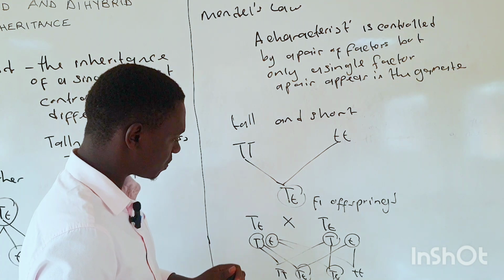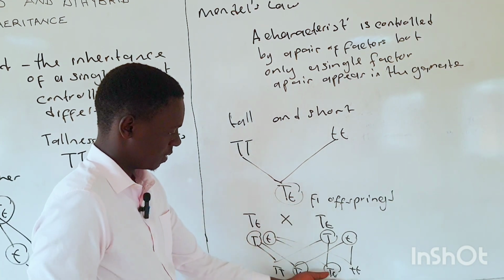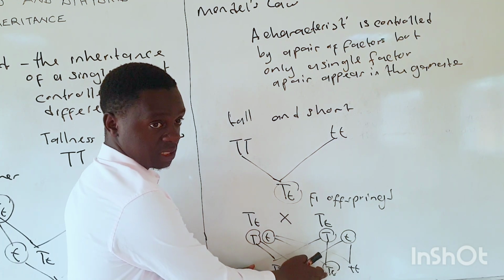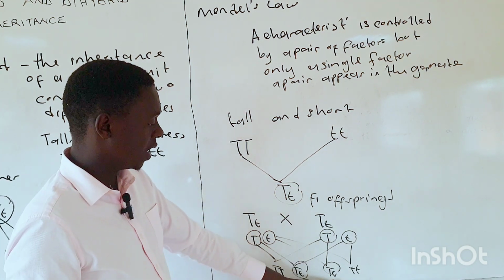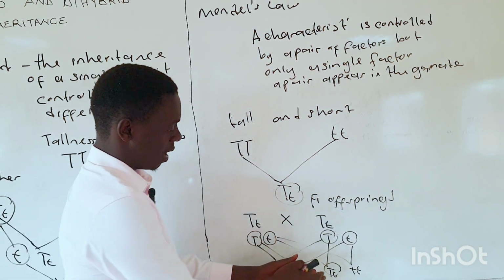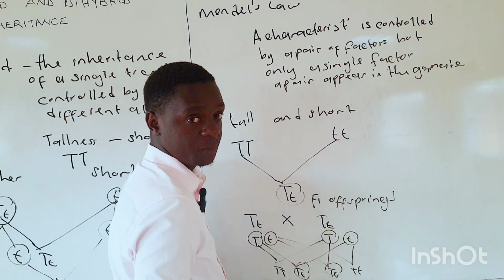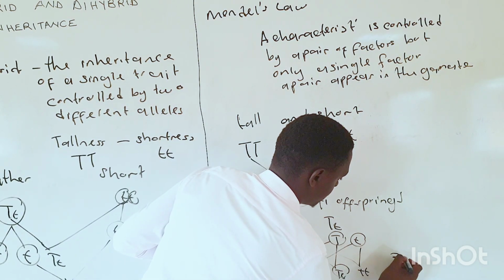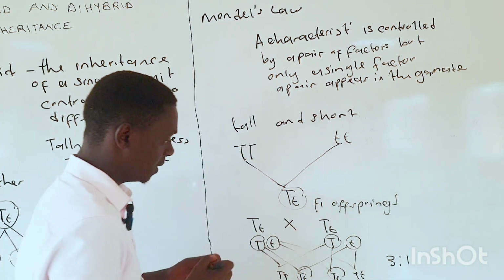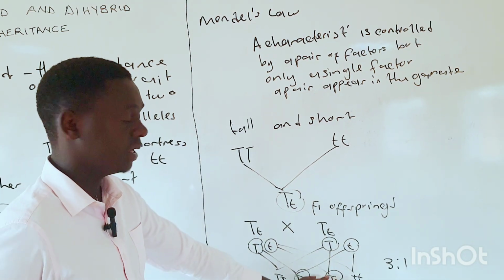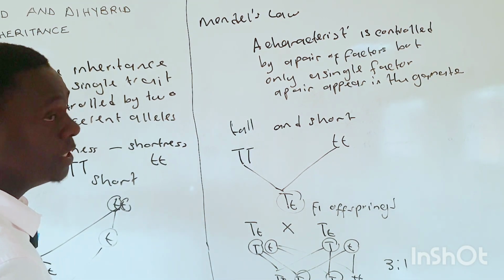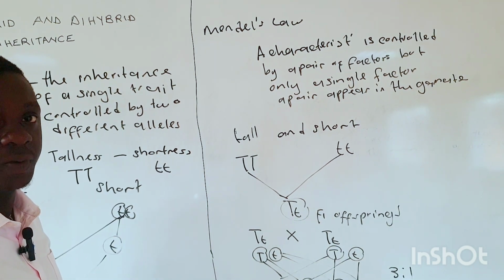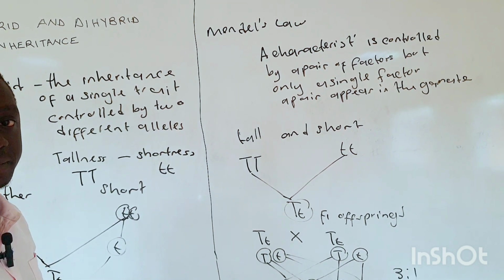Now we can see that in this genotype, we have capital T. These offspring will appear to be tall, and one of them will appear to be short. Now, this gives us a ratio of 3:1, and this is the ratio obtained whenever there is monohybrid inheritance, according to Mendel's experiment.